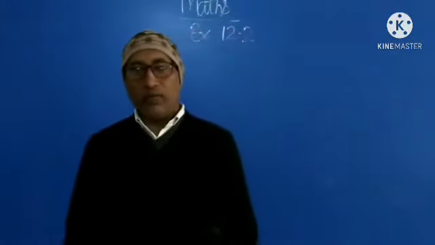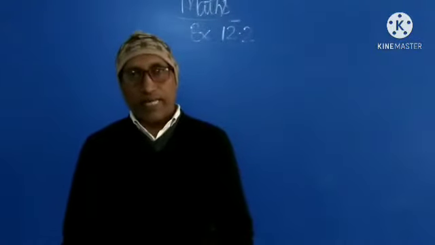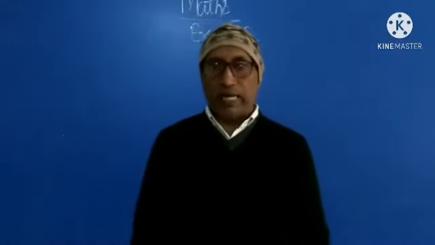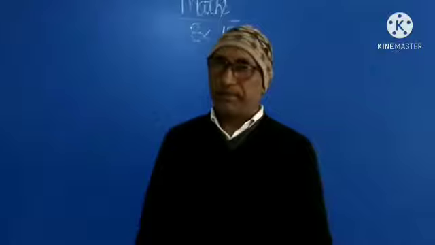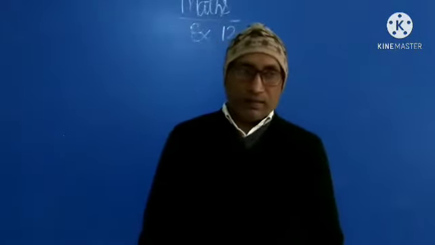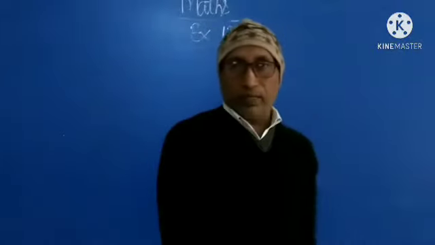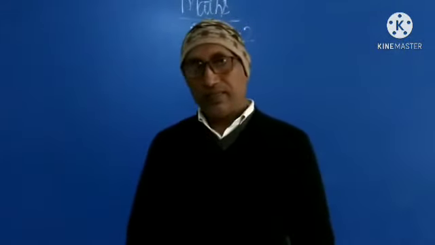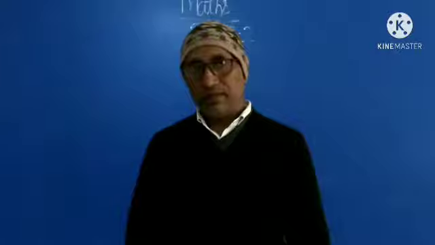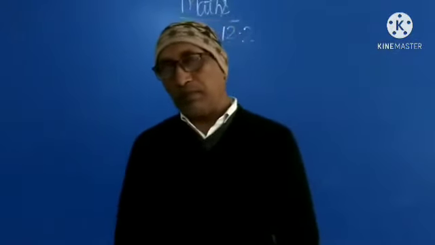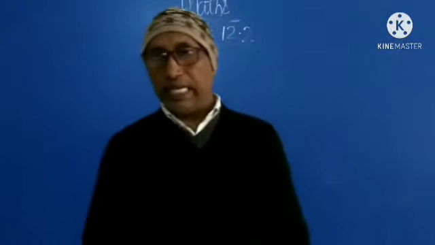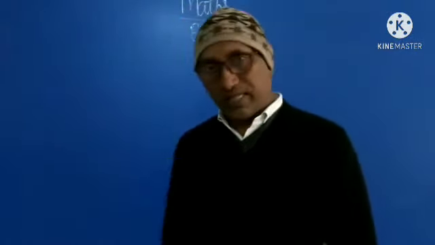Today I am going to continue lesson 12, which is related to exponents and powers. In this exercise 12.2, we are going to study how to write very large and very small numbers in exponential form, or in standard form, or in scientific notation.